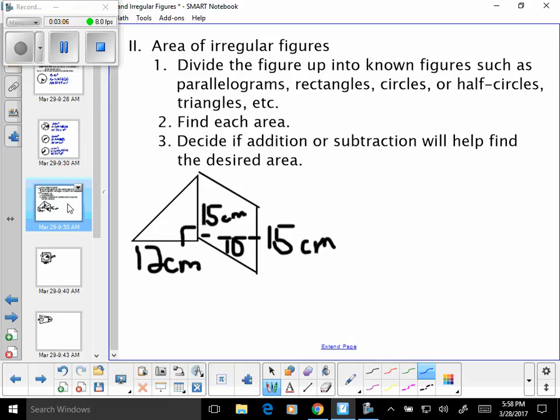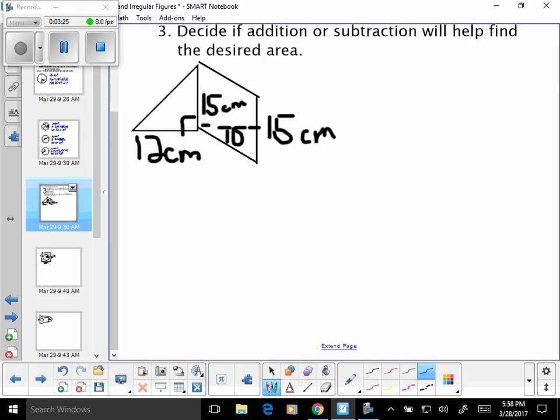In our first example here, we are going to be finding the total area. Now, when I look at this particular diagram, I see a triangle on my left, and I see a parallelogram on my right. So the first thing I'm going to do is find the area of the triangle. 1/2 BH.